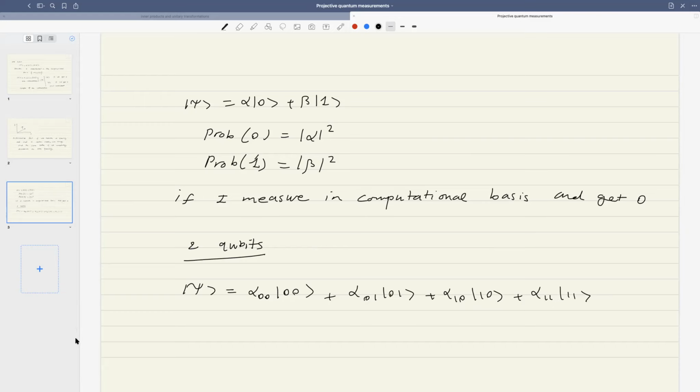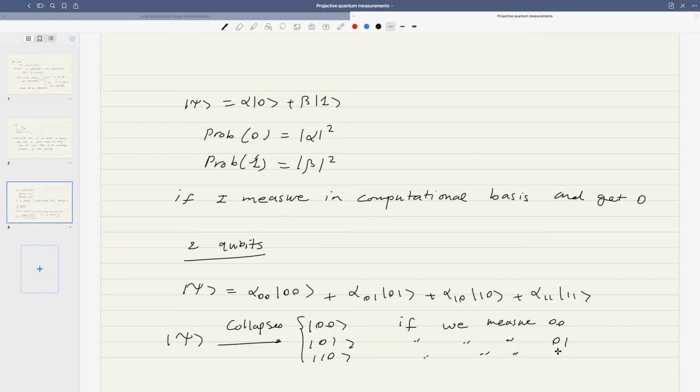And if I perform a measurement on 2 qubits, so simultaneously I measure in the computational basis, again, the observable that gives me these zeros and ones, the wave function collapses to 0,0, 0,1, 1,0, or 1,1, depending on what we measure.